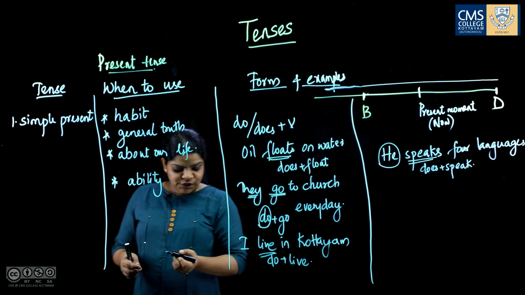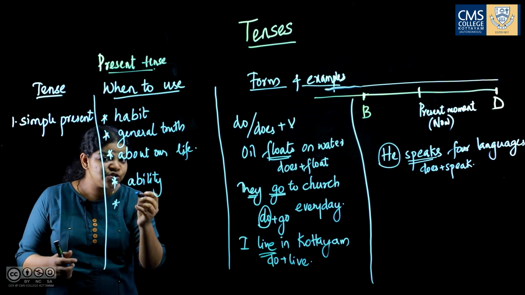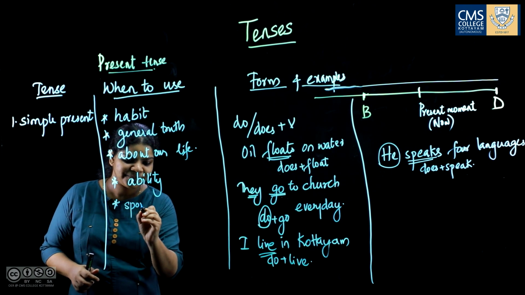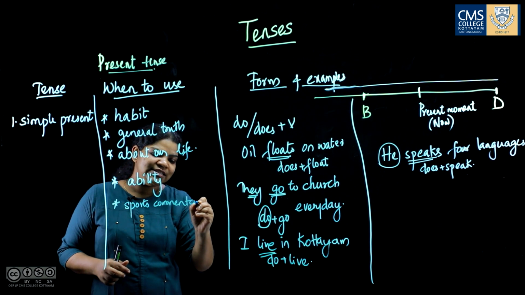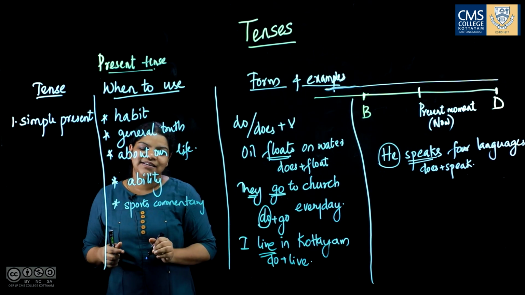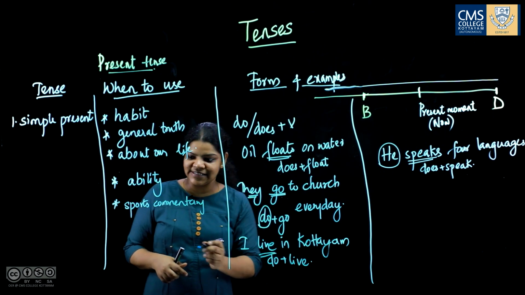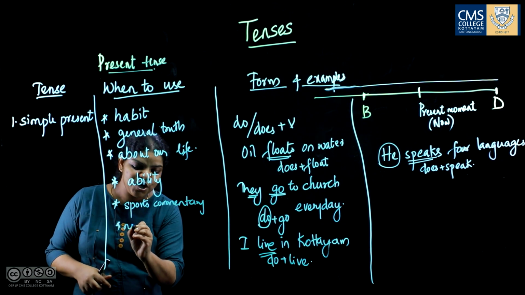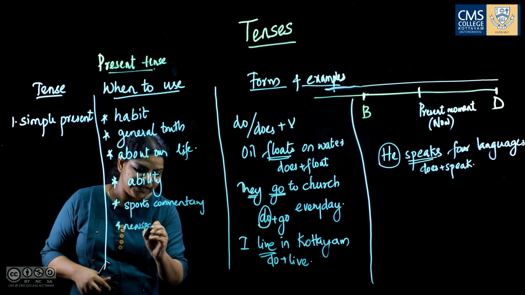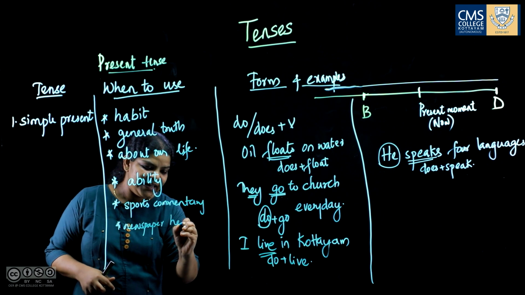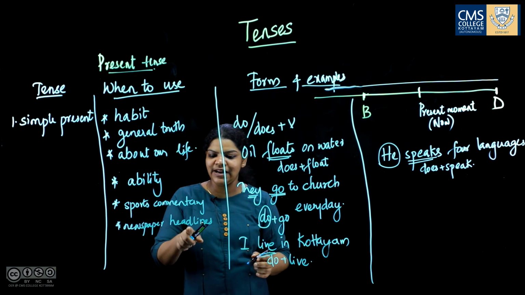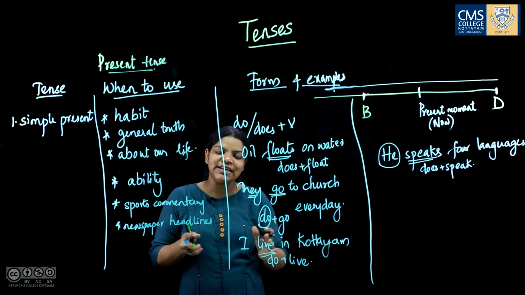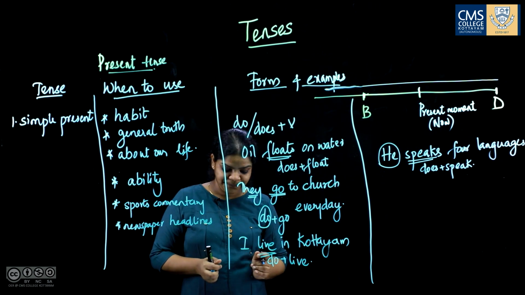Similarly, when you listen to sports commentary, those are actions which take place at that moment, and that is said in simple present tense. Or when you listen to a newspaper headline, usually these are events of the past, but when it comes to the headline, it is usually given in simple present tense.